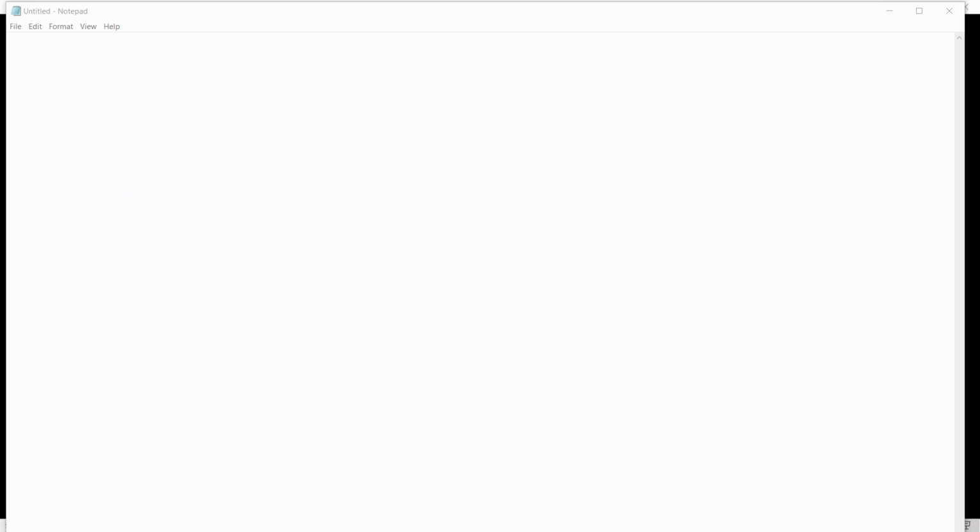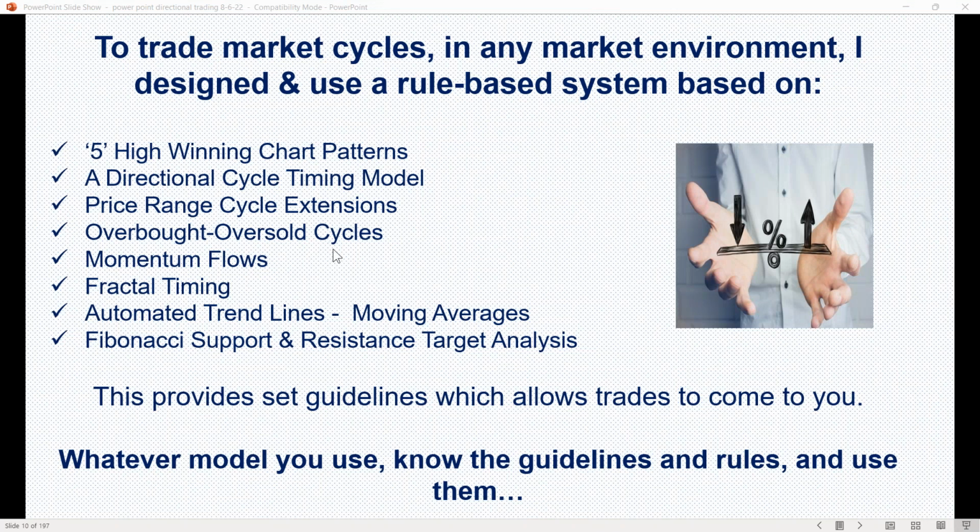And so we want to capture that kind of magic from dissecting the various things we're looking for. So look for these cycle extensions that tell us when markets might start getting exhausted from the buying or selling. And then overbought, oversold cycles are very important to see when a market is getting extremely overbought or oversold.